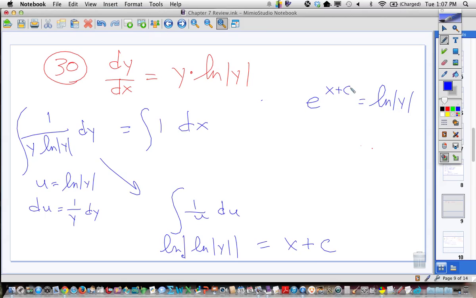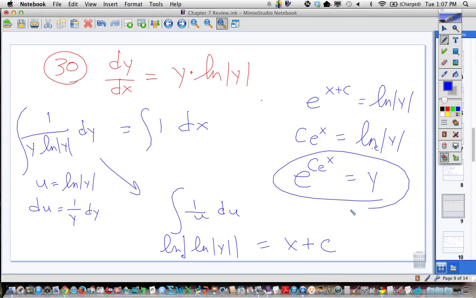Now we know that e to the x plus c is the same as e to the c times e to the x. And then we just do it again: e raised to that, so e to the c e to the x equals y. So it ends up being something like that. To solve this double ln, it's just e raised to that equals that, and then do it again, and away you go.